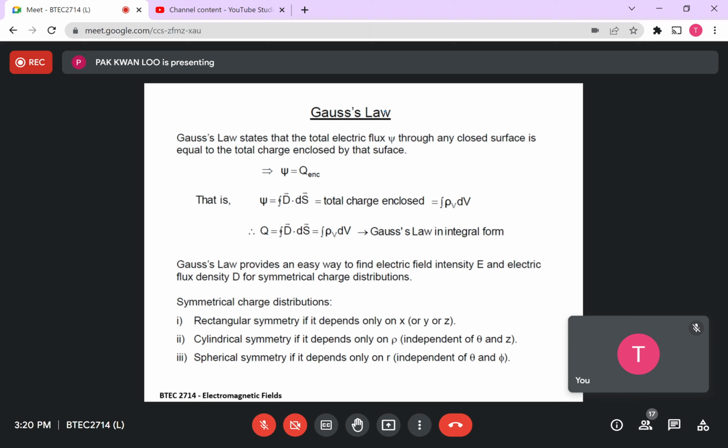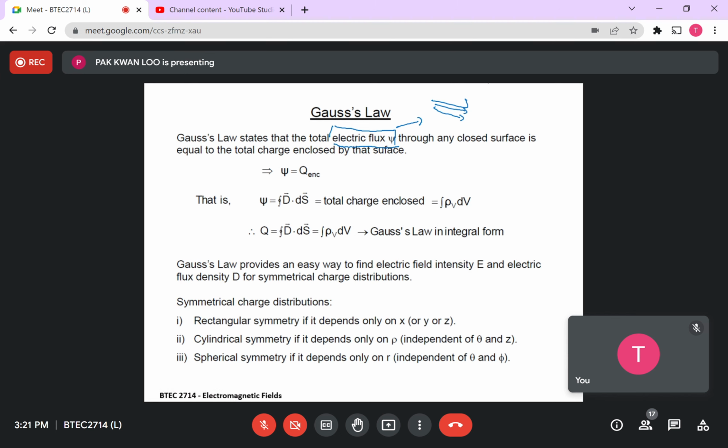You just have to imagine a vector field, so electric flux is a vector field through a surface.